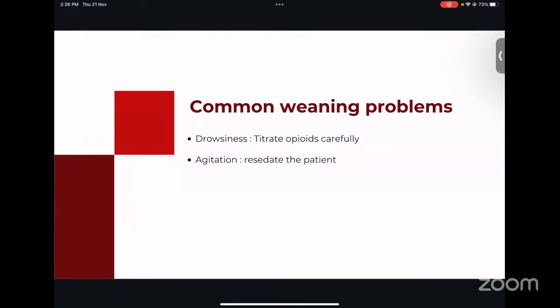In this case, if the patient is very agitated, we can resedate the patient, ventilate him, or paralyze him if there is no improvement with ventilation or resedation.